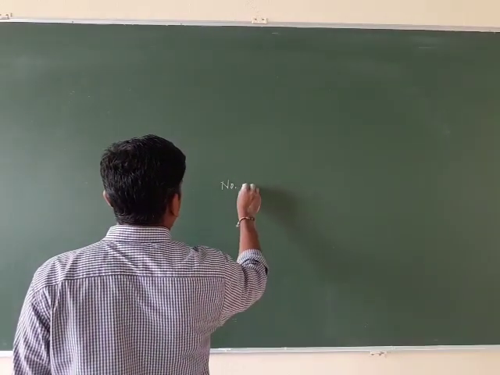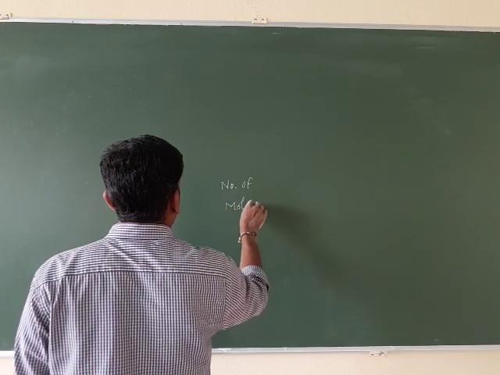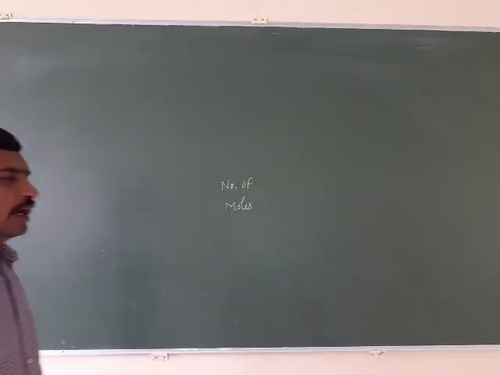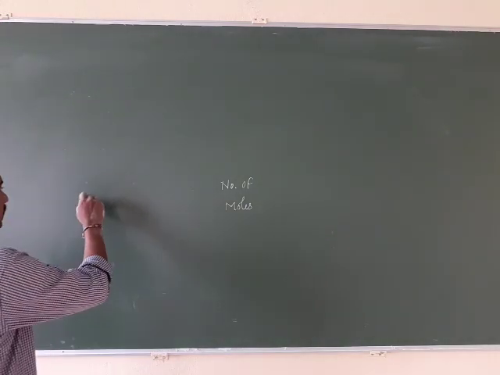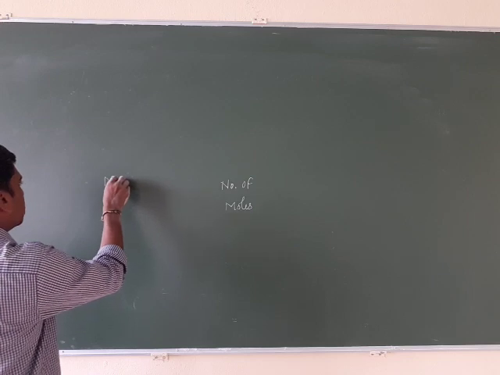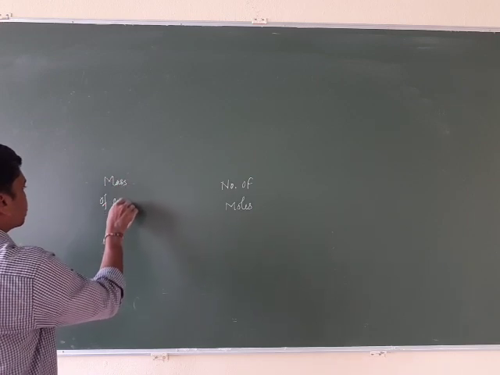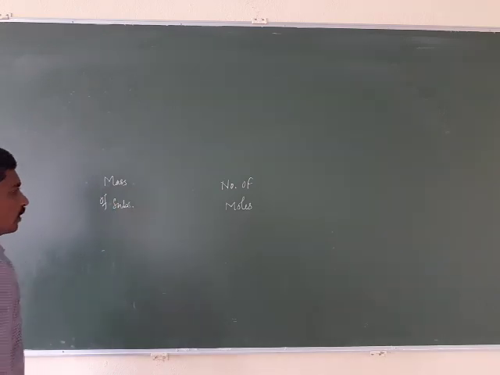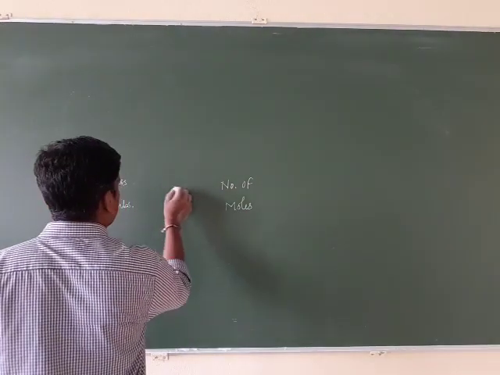For example, if you have a number of moles of compound and you want the mass of substance, then how do you convert this number of moles to mass of substance?